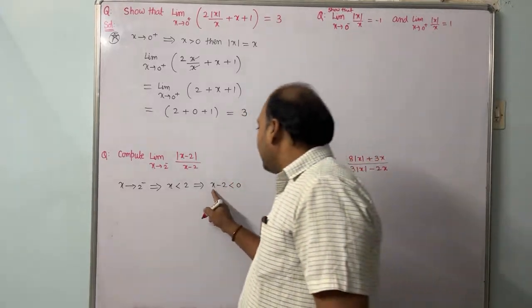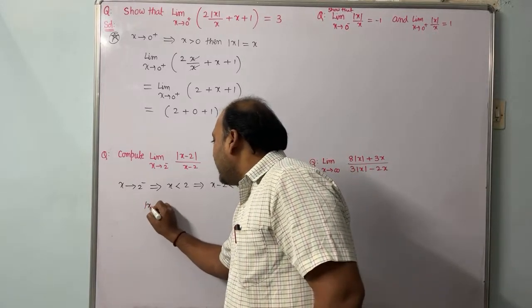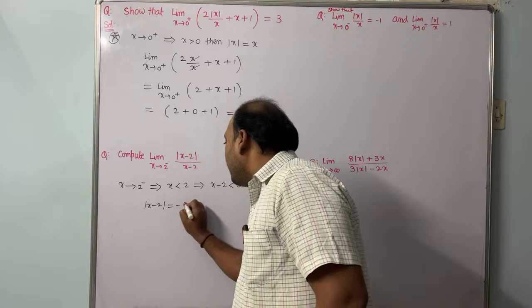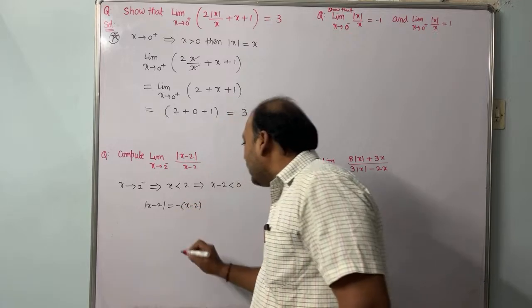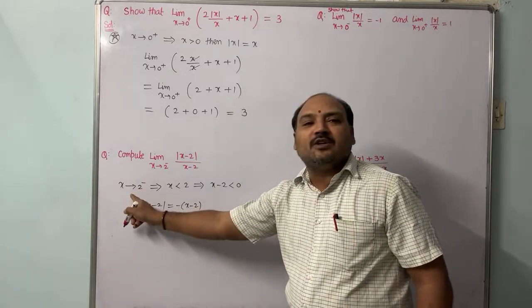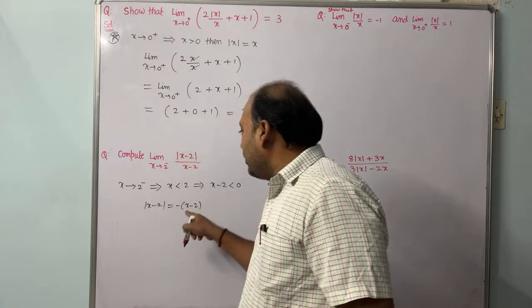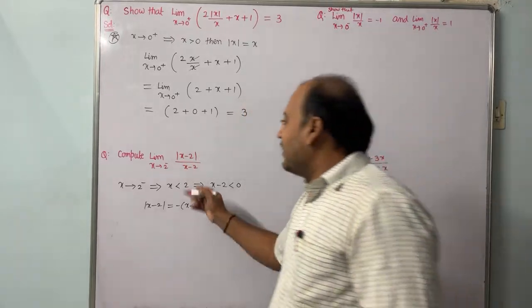Whenever x minus 2 is less than 0, mod x minus 2 is equal to minus of x minus 2. Wherever mod x minus 2 is there, replace it with minus of x minus 2.